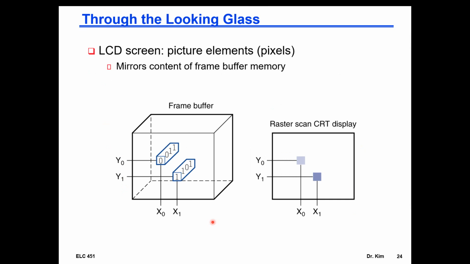LCD screens, so basically you have the different colors represented by different pixels. Again, we're not going to be talking a lot about I/O devices like screens; you could have a course about video and things like that.